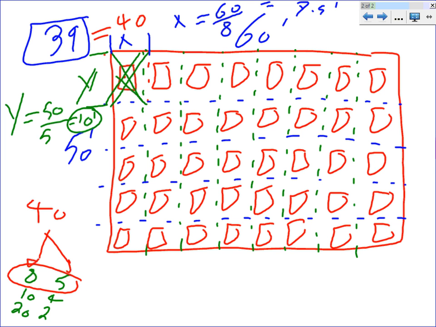Any question about how we came up with x, y, the first corner, so we can lay out my fixtures? So x is 7.5. You divide by the number of columns, and y by the number of rows.